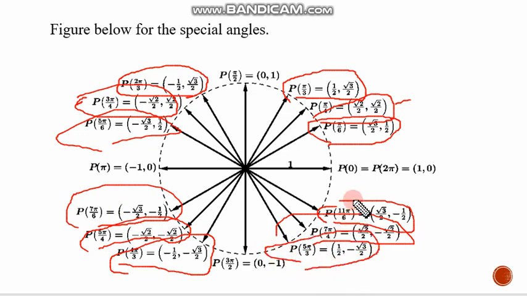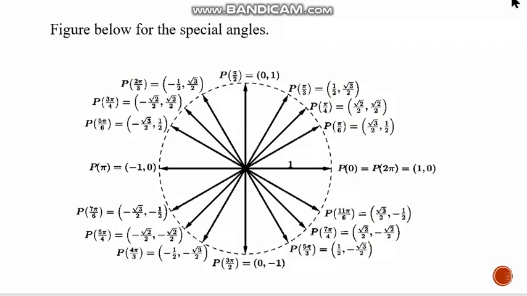So it means that whatever the values here in quadrants 2, 3, and 4, there are corresponding values in quadrant number 1. So quadrant number 1 is actually the reference angle. Please disregard the signs again. We will talk about that later.